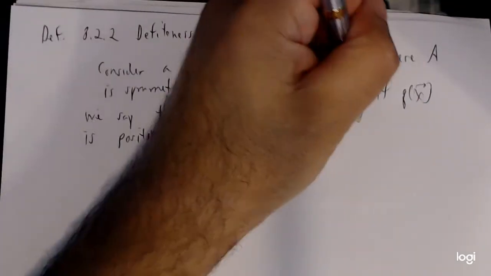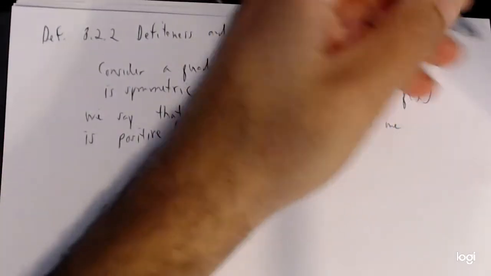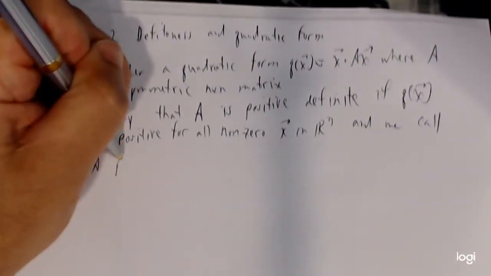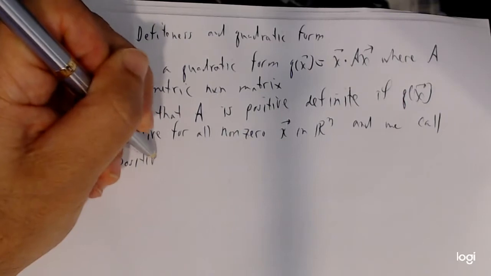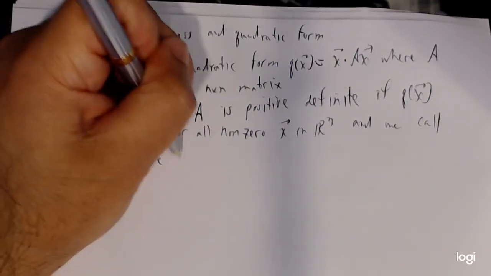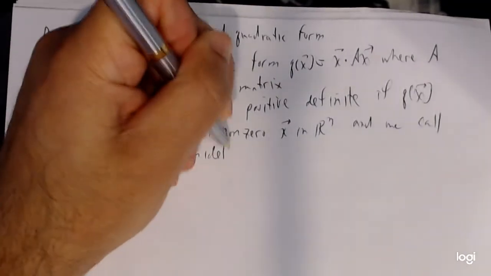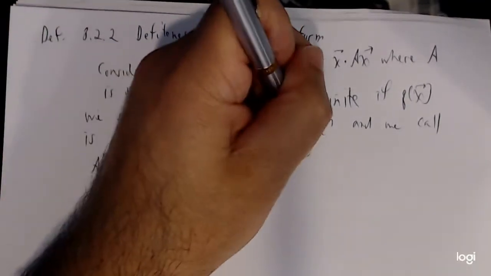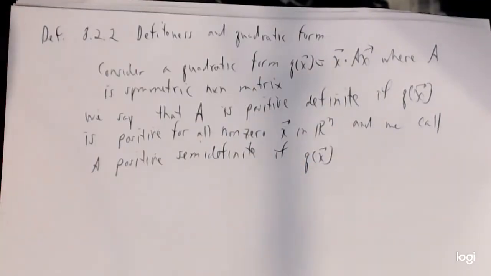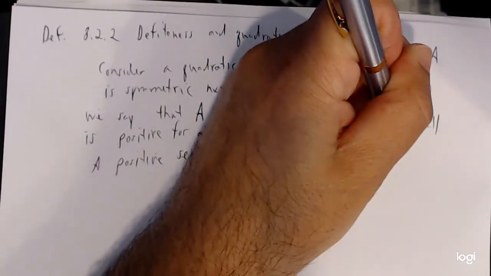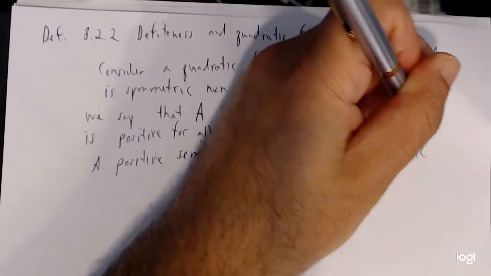and we call A positive semi-definite if q of x is greater than or equal to 0 for all x in R^n.